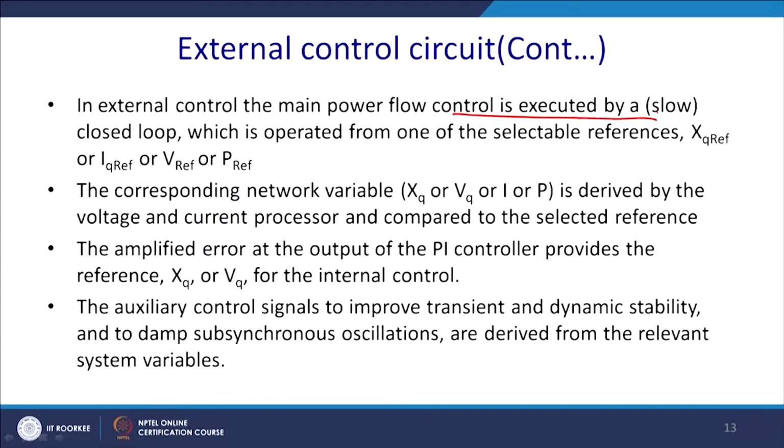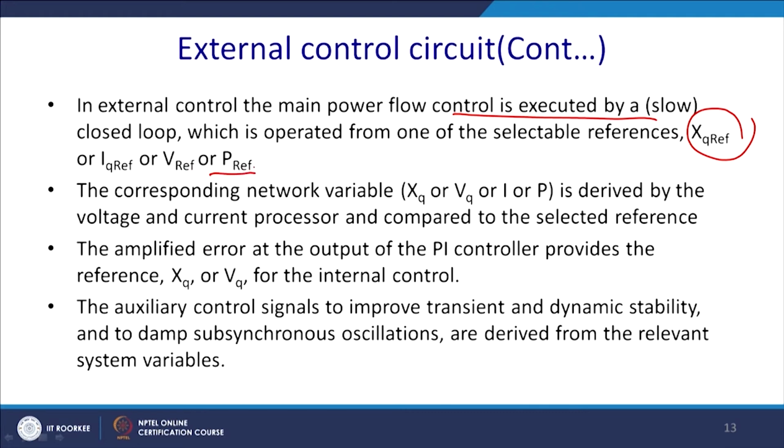So, in internal control the main power flow control is executed by a slow closed loop, which is operated from one of the selective references, that is XQ ref, IQ ref, V ref or P ref, whatever may be.